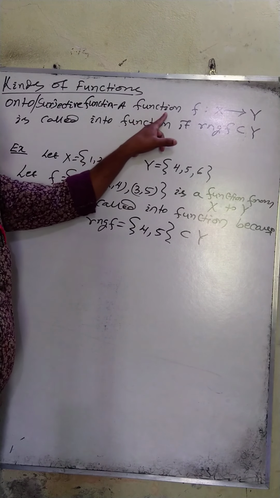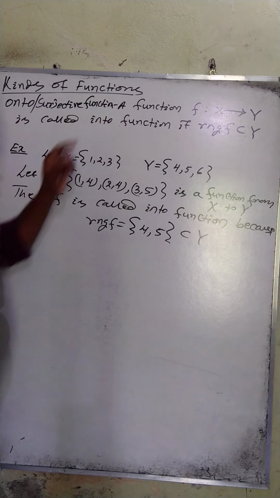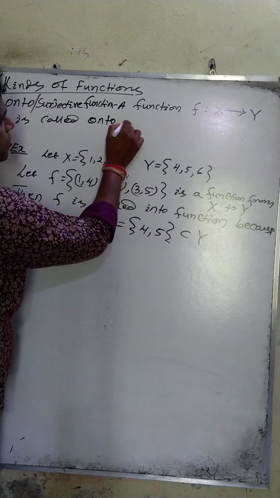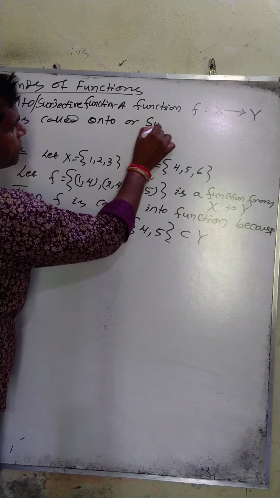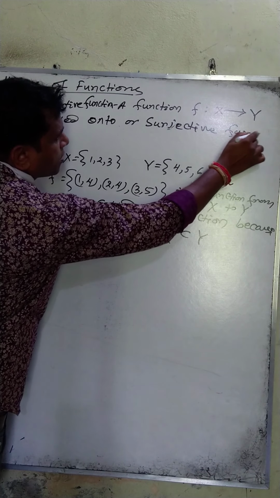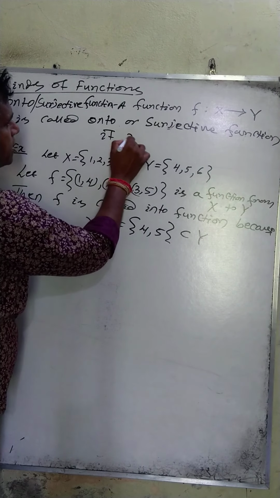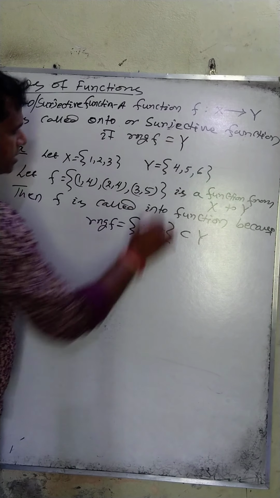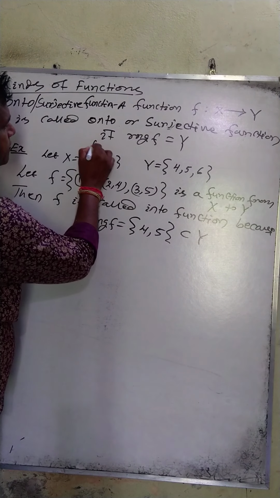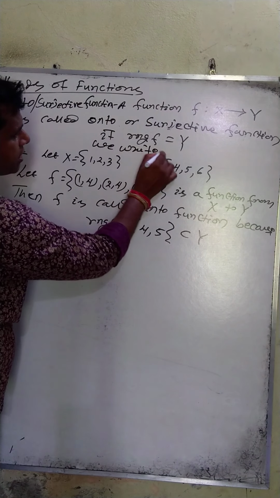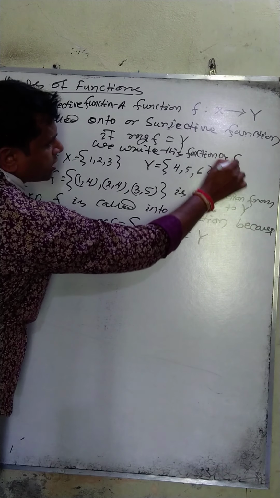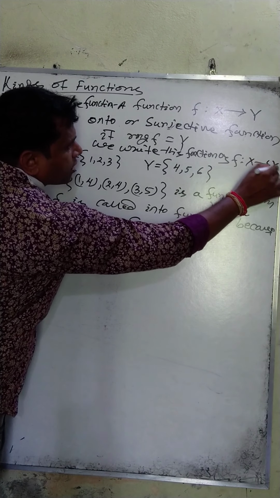The function f from the set X to Y is called an onto function or surjective function if range f equal to Y. If range f equal to Y, we write this function as f: X to Y onto.